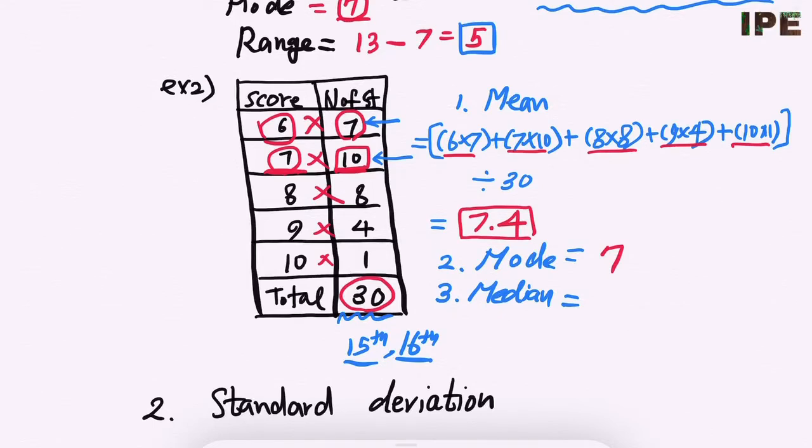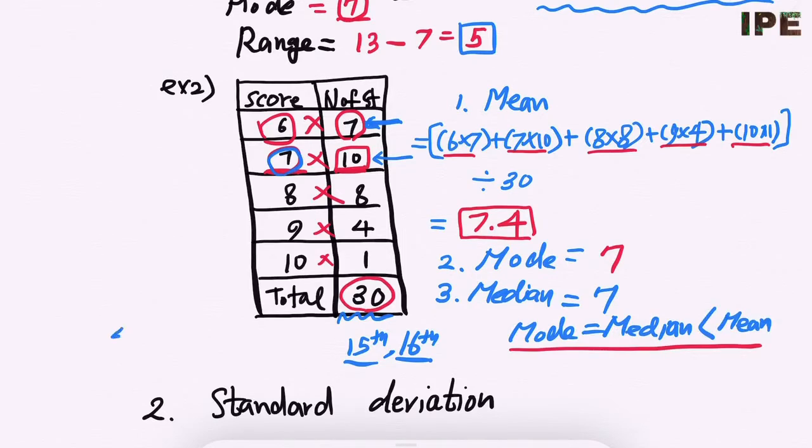So 7 plus 10 is 17. From the 8th student to the 17th student got 7. So the 15th and 16th, those two numbers should be 7. So 7 and 7's middle number is 7, right? So median is 7. In this case, mode is equal to median. And mean is biggest, right?